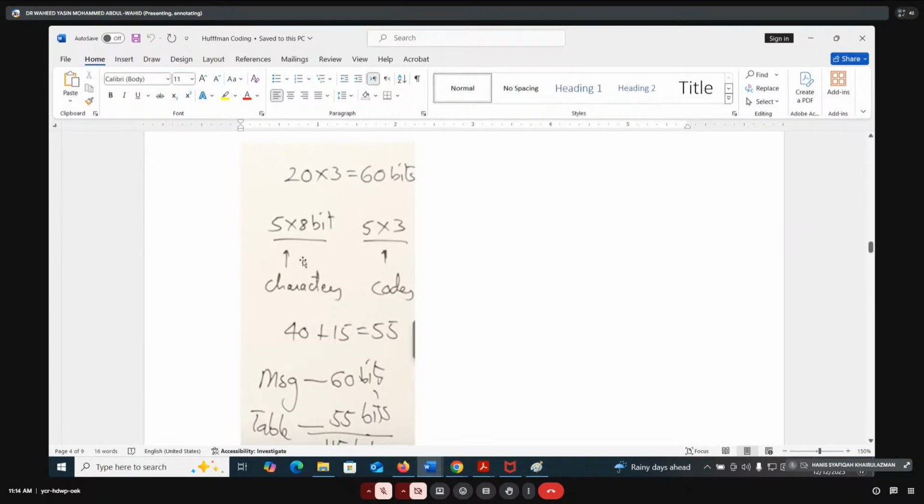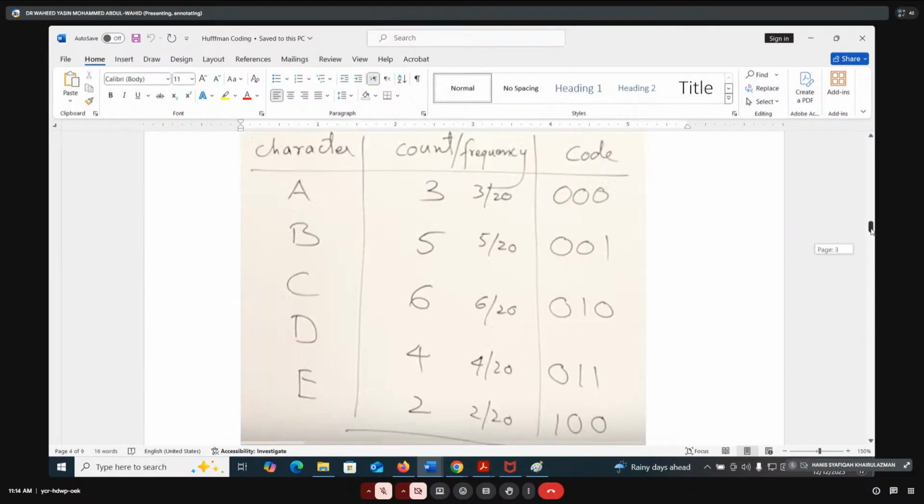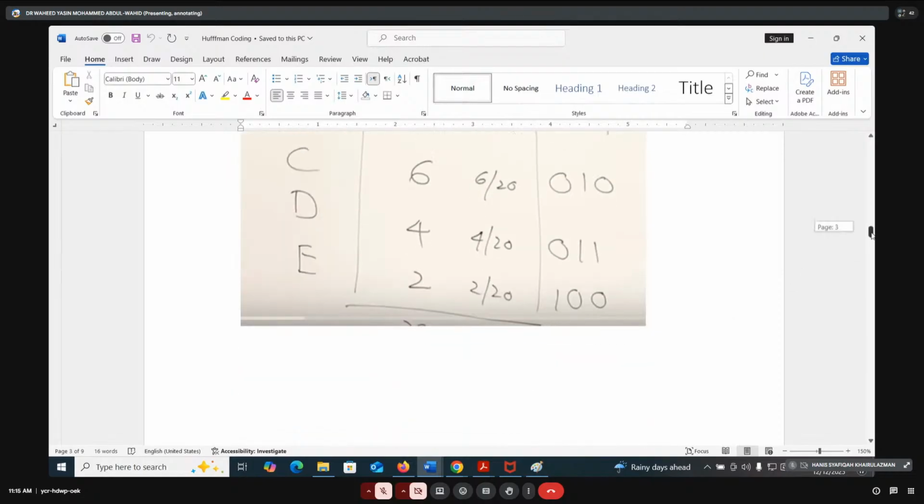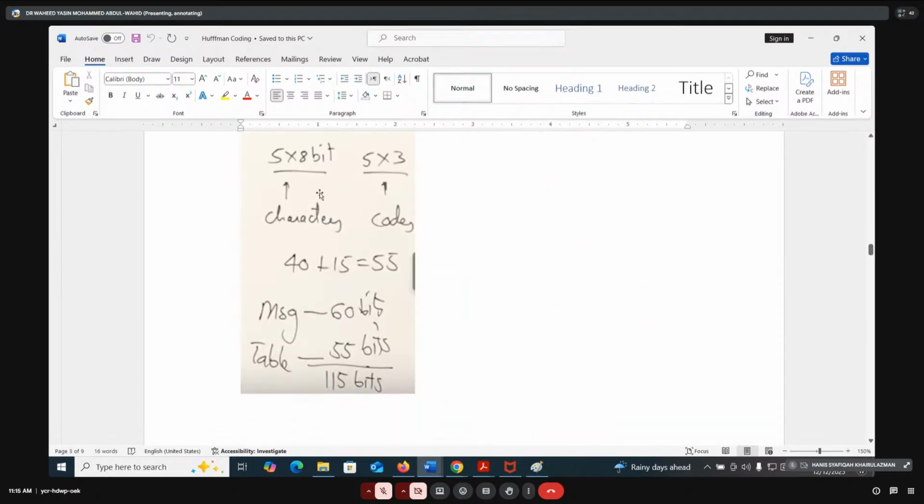So how much do I have? 5 multiplied by 8 is 40, and 5 multiplied by 3. So how many 3s? 1, 2, 3, 1, 2, 3, 1, 2, 3. How many? 5 multiplied by 3 is 15. So how much total? 40 plus 15, 55. The message is, as we said here, 60. Am I right?